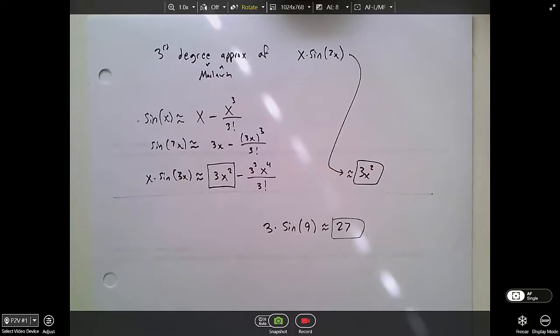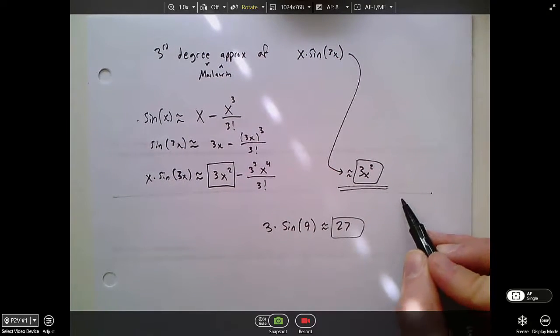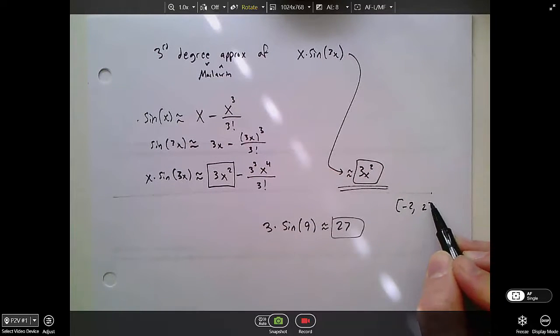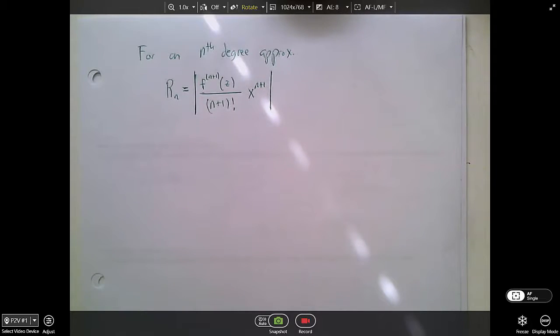All right, so the last part of the problem is where it gets difficult. It's saying use the Lagrange error bounds to bound the error of this approximation on the interval from -2 to +2. All right, so that means x could be anything on that interval, and I want to know what's the maximum possible error. So we've got this equation.